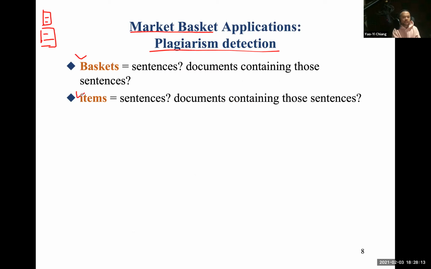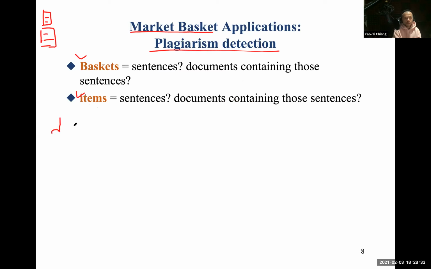Well, in the previous example, it sounds pretty easy, right? Because the basket is the basket, the items are the items. But in this case, we have document and we have sentences. So we need to be able to assign the documents as baskets. If you do document as basket, it looks like this.